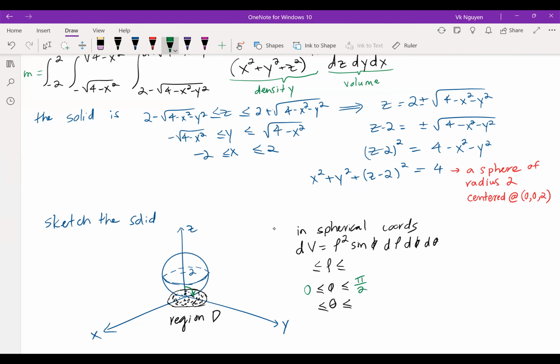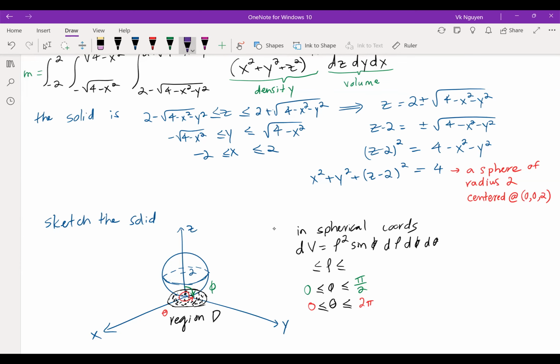The angle theta is the angle on the region D. Region D is the entire disk. This is the angle theta here. So it's going to be 0 to 2 pi.